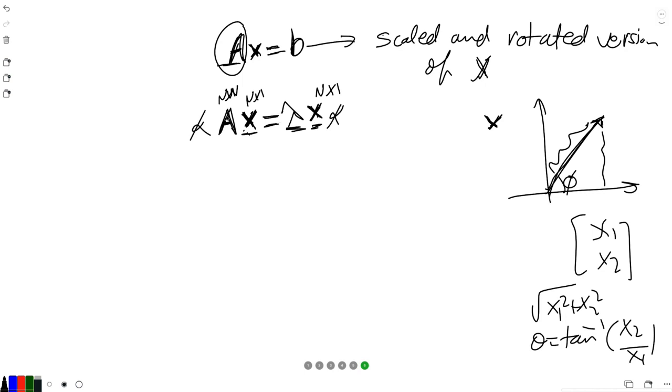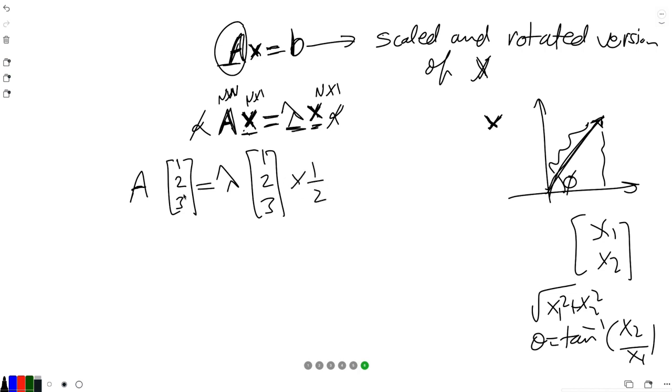I will give you an example. Assume we have a matrix A multiplied by a vector x, let us say 1, 2, 3, and we get lambda times 1, 2, 3. Now if you multiply both sides by, let's say, half, nothing changes and the equation is still valid.